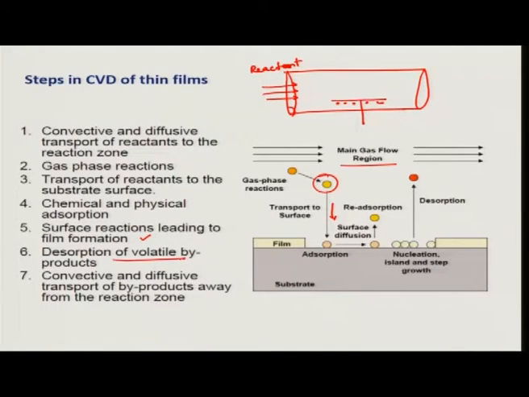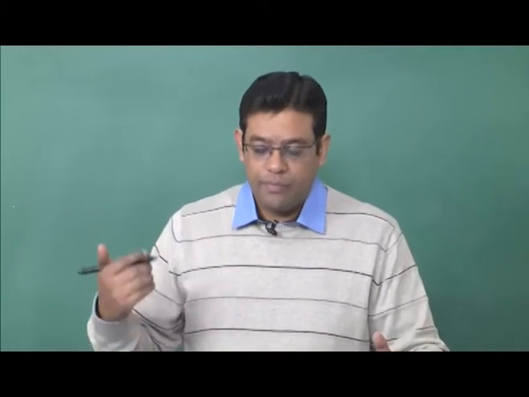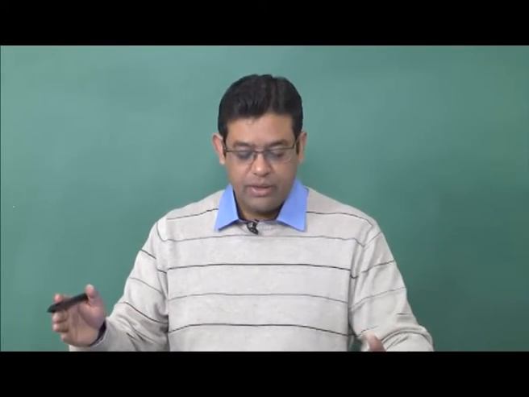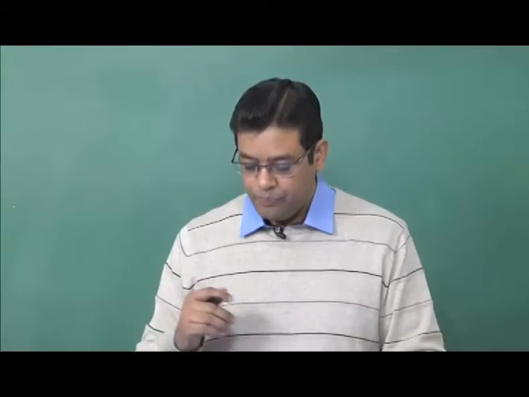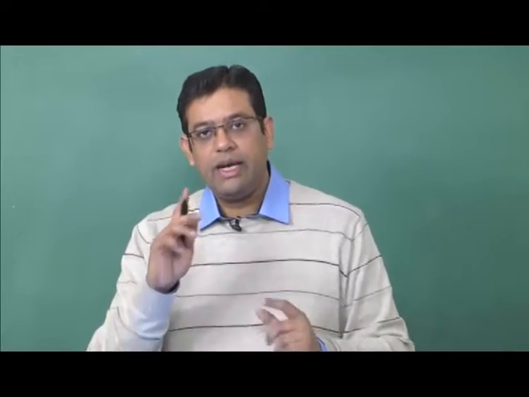The desorption of volatile byproducts is also important. Byproducts should not remain on the surface; they should go back to the gas phase where they are taken away by convection, and the product which we need forms a thin film.